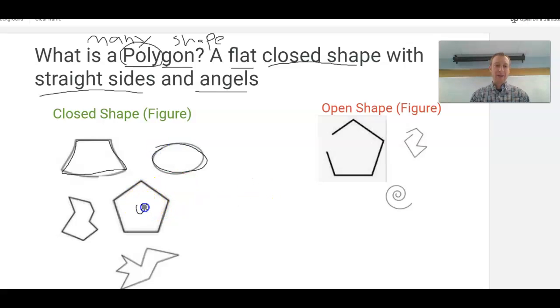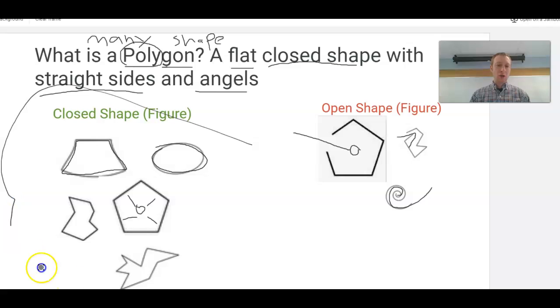If you were a rat stuck in here, you're not getting out anywhere, right? Because it's totally closed. On the other hand, over here we have some open shapes. If I'm a rat in here, I can get out because this shape is open, right? I can squirm my way through here. So first of all, a polygon is closed. So these are possible polygons. These are not possible polygons.